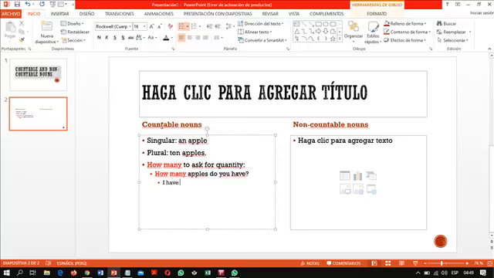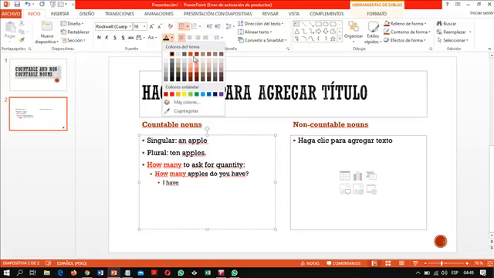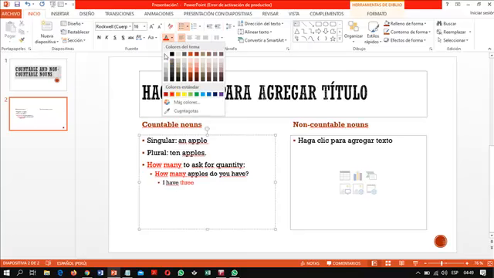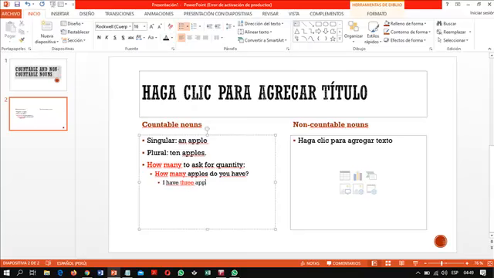I have, let's say, 3 apples. 3 apples. Okay? Now, we use how many again to know a specific quantity.